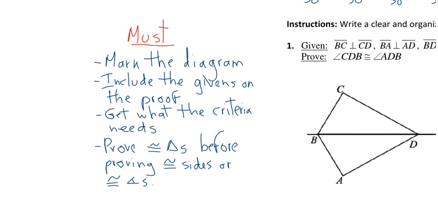you must get what the criteria needs in order to prove that the triangles are congruent.